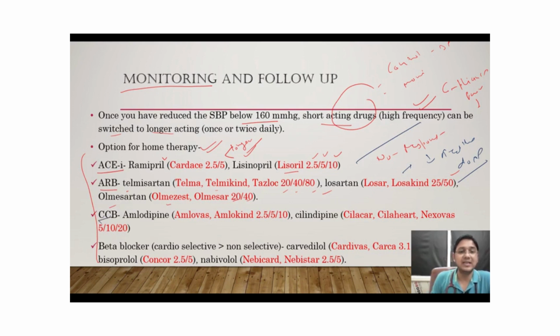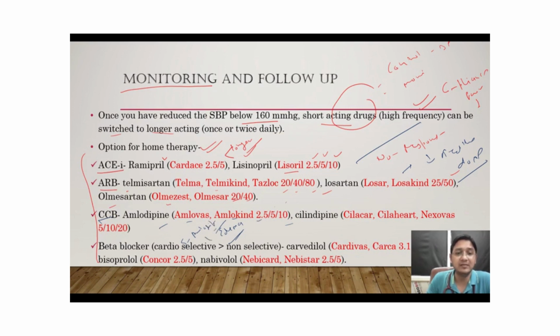And the third category is calcium channel blocker. As we know, amlodipine and cilnidipine. Amlodipine available is Amlovas or Amlokind 2.5, 5 or 10. The only problem with amlodipine is edema, ankle edema. So if you get a patient who has ankle edema, you can give S-amlodipine. There is a counterpart of amlodipine available in the market. Strength is the same.